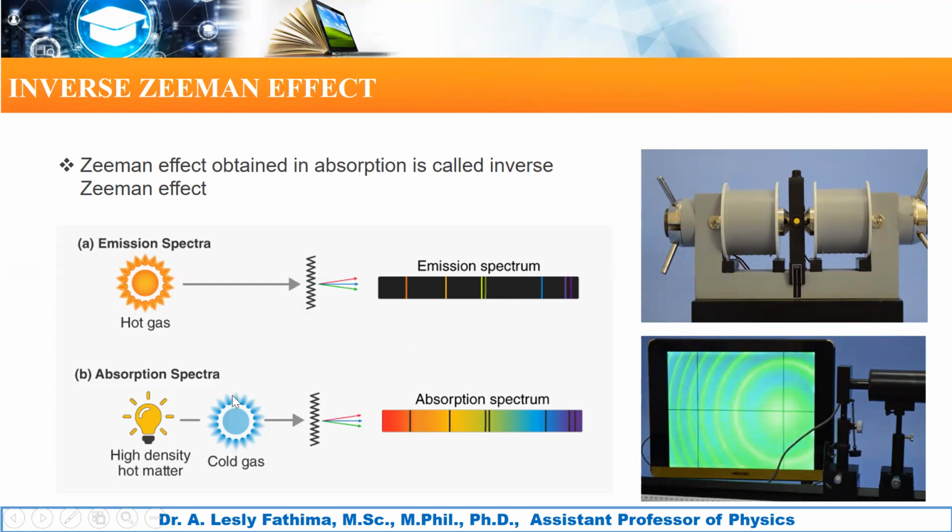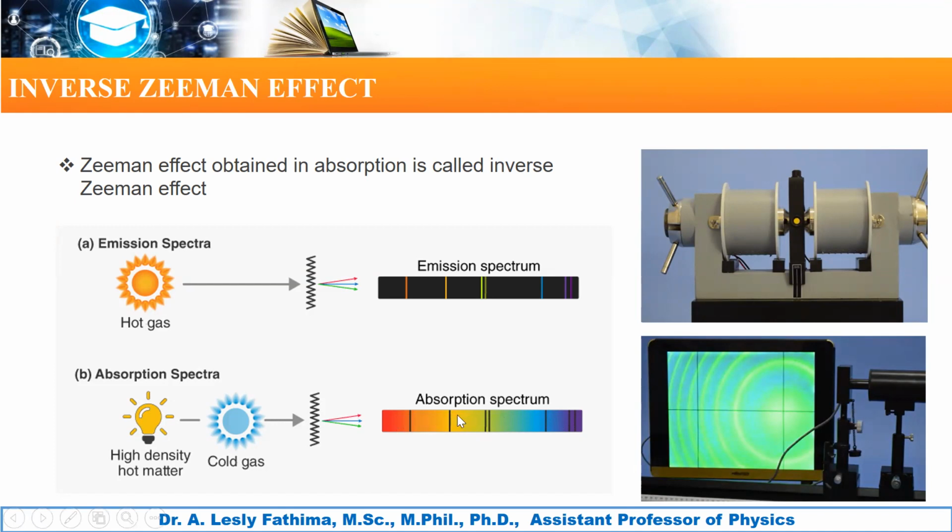Then what is the absorption spectra? An absorption spectrum is constituted by the frequencies of light missing, shown as dark bands, when energy is absorbed by the electrons in the ground state to reach higher energy states.